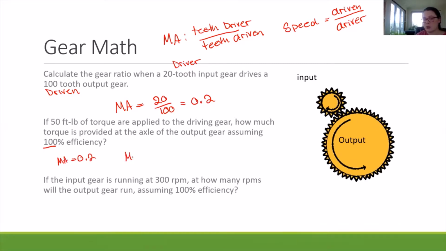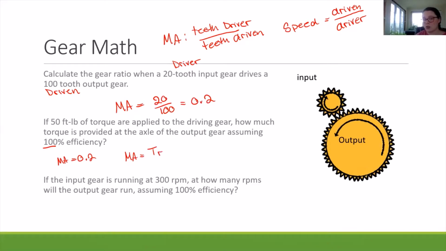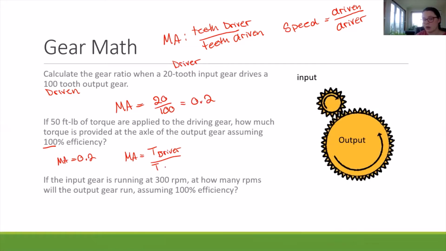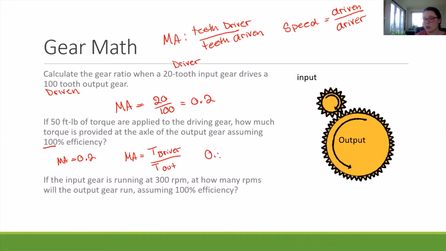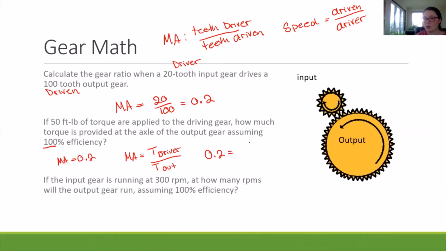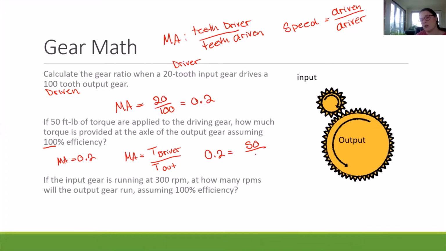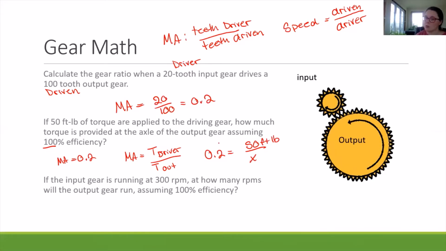So what's the formula for mechanical advantage using torque? It's going to be torque of the driver, or torque in, divided by torque out. So 0.2 is equal to the torque on the driver gear, which was 50, over X. And if it's foot-pounds that we put in, we get foot-pounds out.